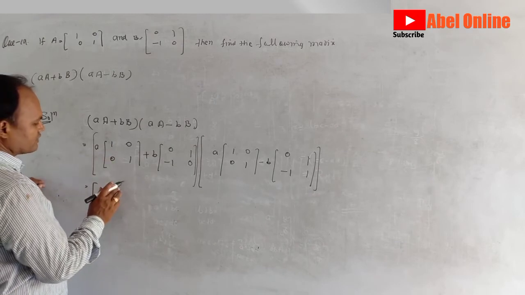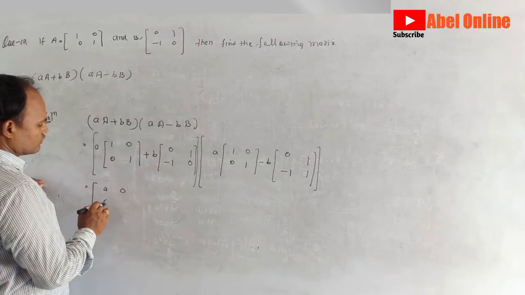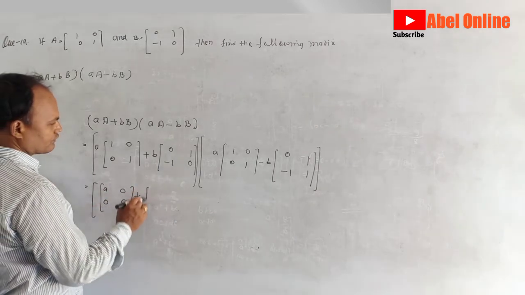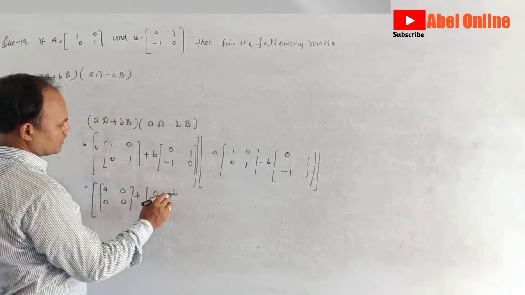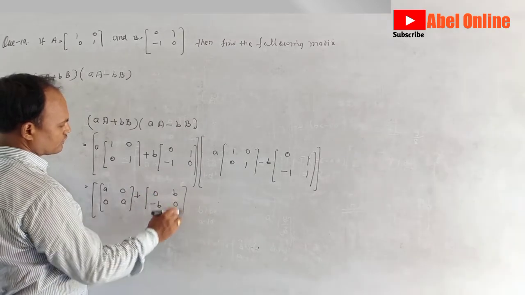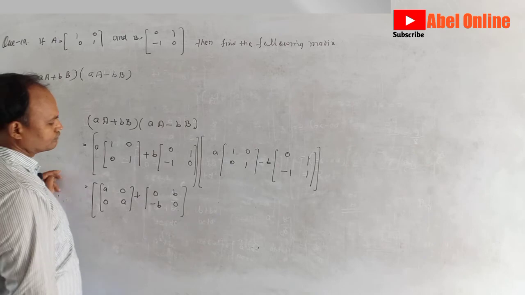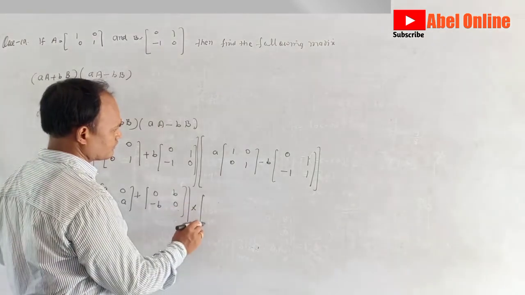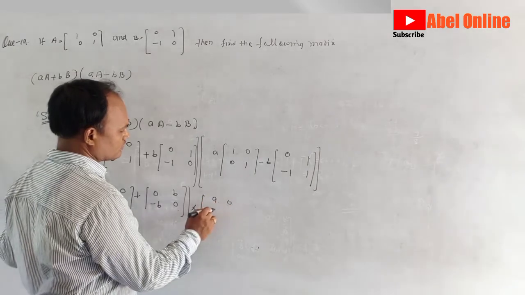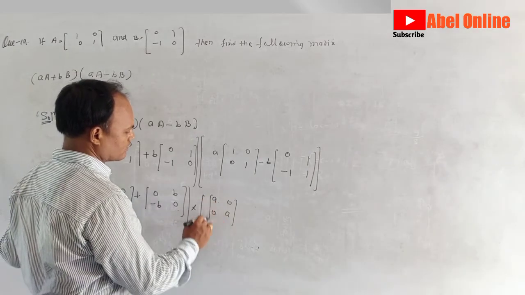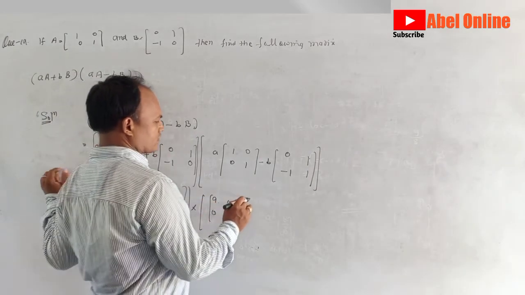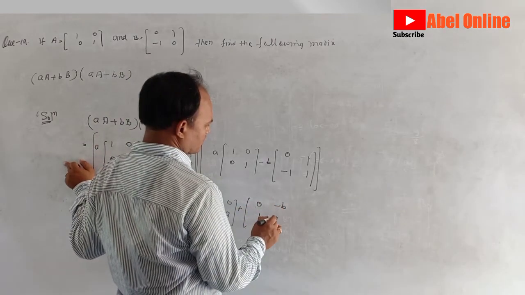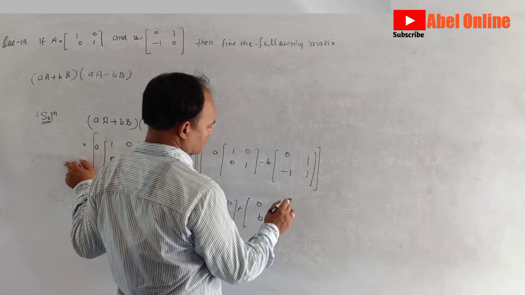It is A plus 0, 0, A plus 0, B, minus B, 0. Now multiply by A 0 0 A and minus, 0 minus B plus B minus B.